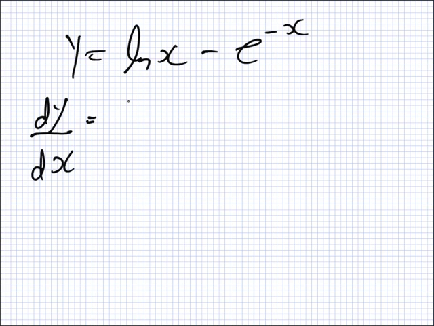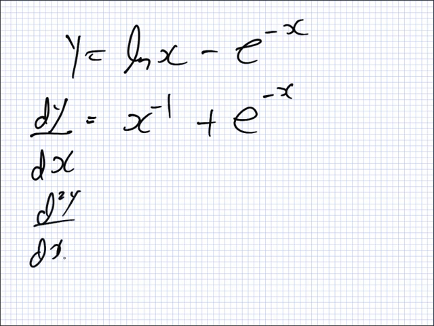Great. Okay, so log x, derivative, 1 over x, which I'll write as x to the minus 1, and this one will be plus e to the minus x. And the second derivative is minus 1 over x squared. If we put minus 1 as the coefficient, then we will have a plus here, so that's why that's a plus.